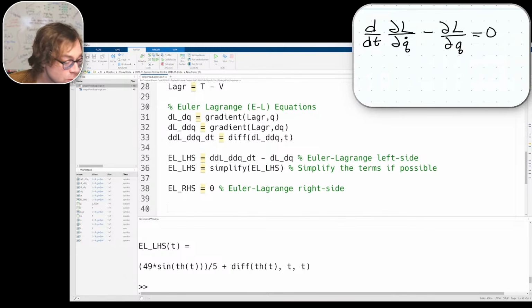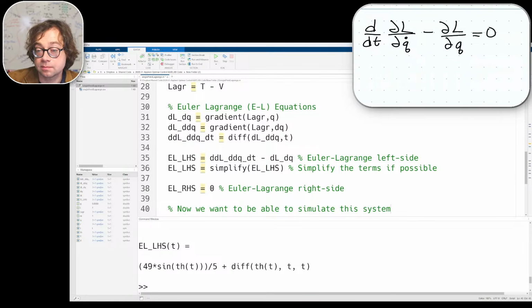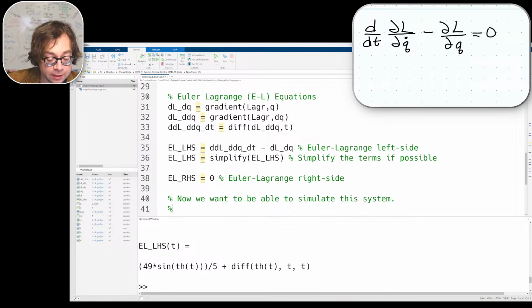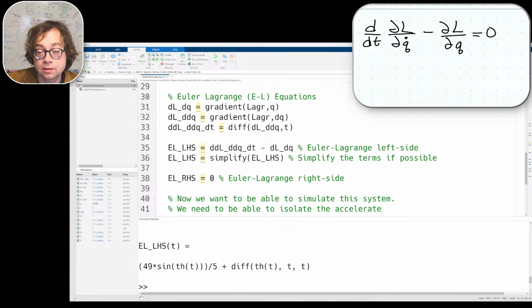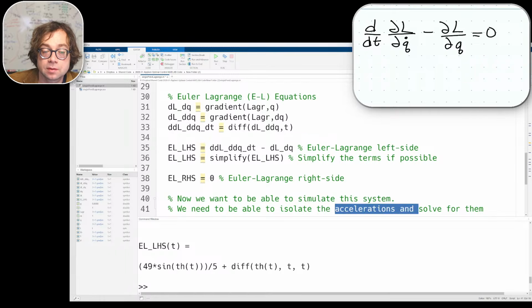So now we want to be able to simulate this system. This means a few things. We need to be able to isolate the accelerations and solve for them, or specifically just solve for the accelerations.